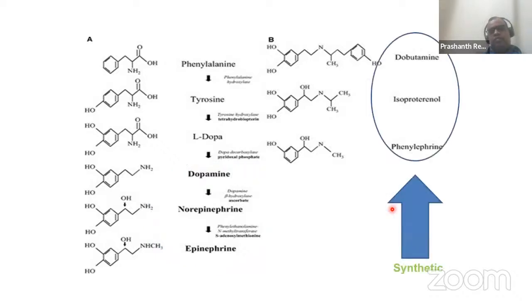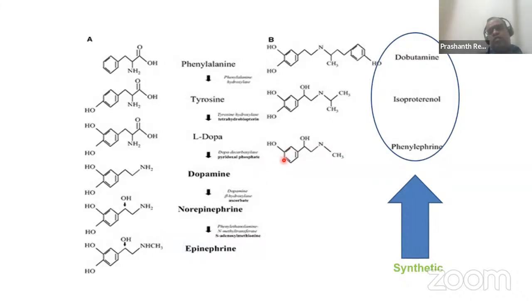Whereas dobutamine, isoproterenol or isoprenaline, and phenylephrine are synthetic catecholamines. Phenylephrine actually cannot be called a catecholamine because any catecholamine should have a benzene ring with 2 hydroxyl groups. If you see all this, there is a benzene ring with 2 hydroxyl groups, whereas phenylephrine does not have a second hydroxyl group.